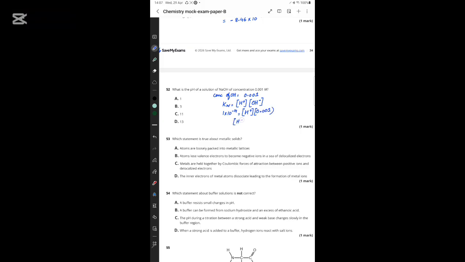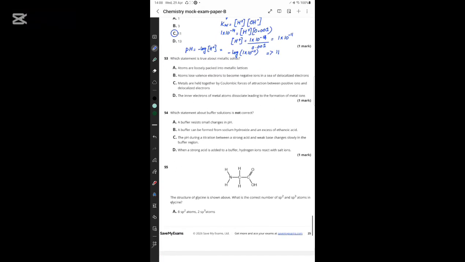Now finding hydrogen ion, we do 1 times 10 to the power minus 14 divided by 0.001. Our final answer comes out to be 1 times 10 to the power minus 11, and we know pH is equal to negative log of hydrogen ion concentration, so minus log of 1 times 10 to the power minus 11. The answer comes out to be 11. So the answer is C.